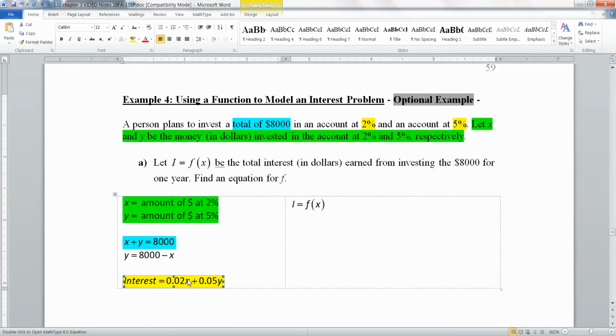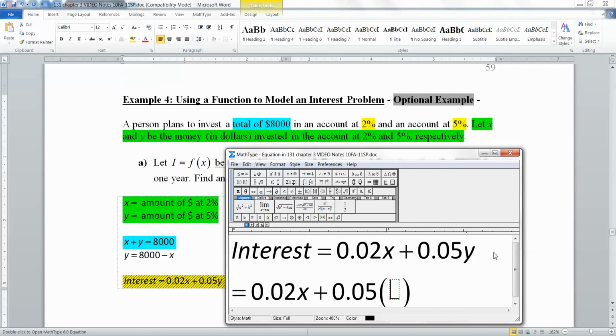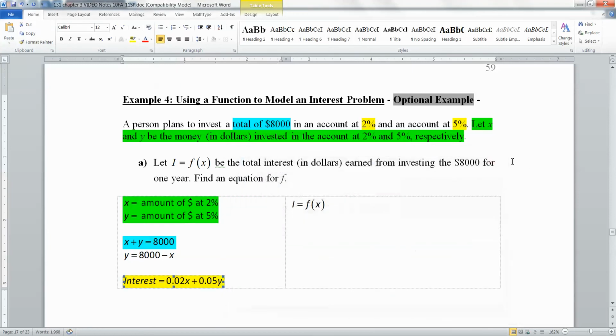Well, when you're down here in your interest problem, if interest is equal to 0.02x plus 0.05y, that's 0.02x plus 0.05, and instead of y, I can say 8,000 minus x. And that, my friends, is our equation, more or less. So let me put it over here.